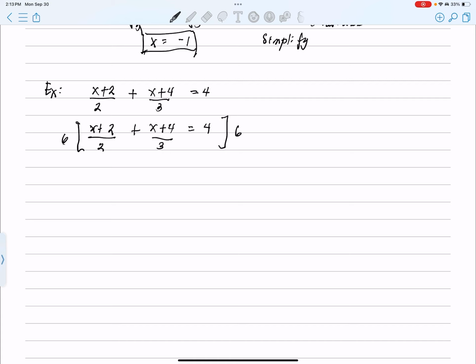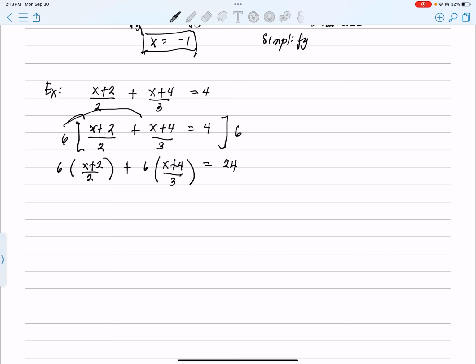So let's do this. I'm going to do it step by step. So this is what's going to happen. You have 6 times x plus 2 over 2, then plus 6 times x plus 4 over 3 equals 4 times 6. That is 24.